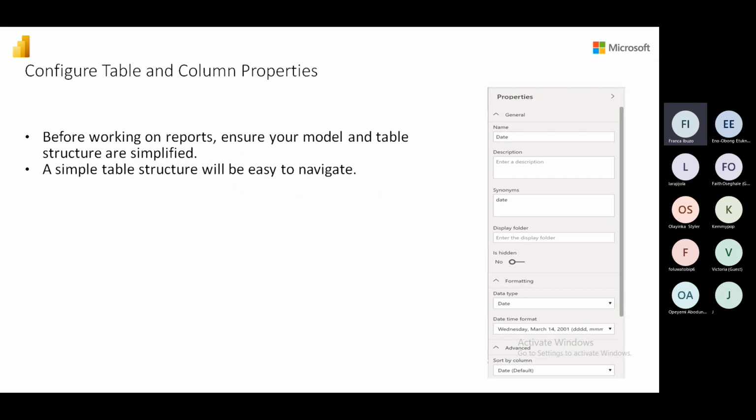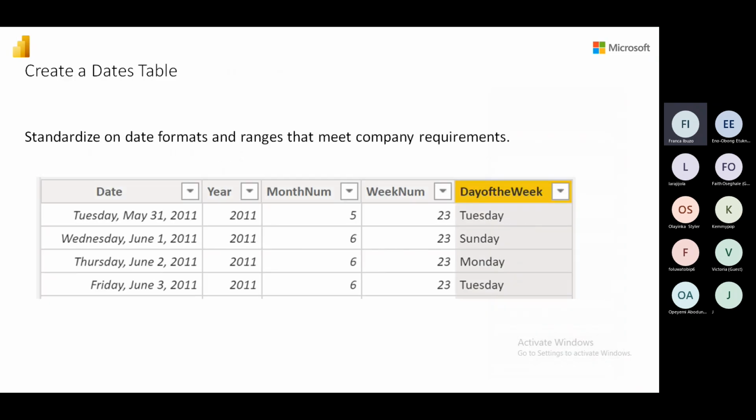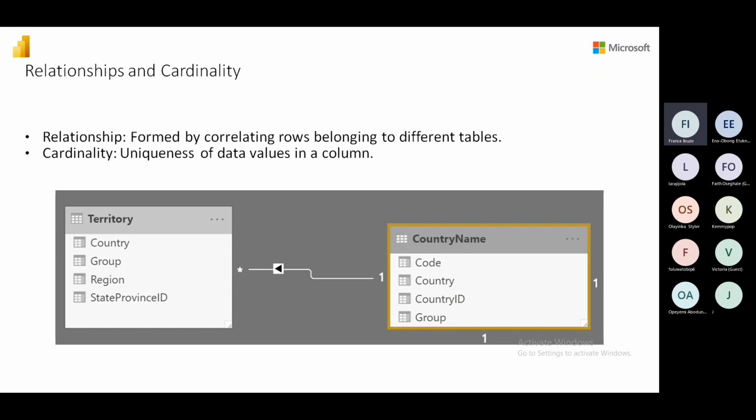So basically, we looked at modeling the last time. I also talked about relationships and cardinality. Relationships are formed by relating rows belonging to different tables, and cardinality is the uniqueness of data values in a column.